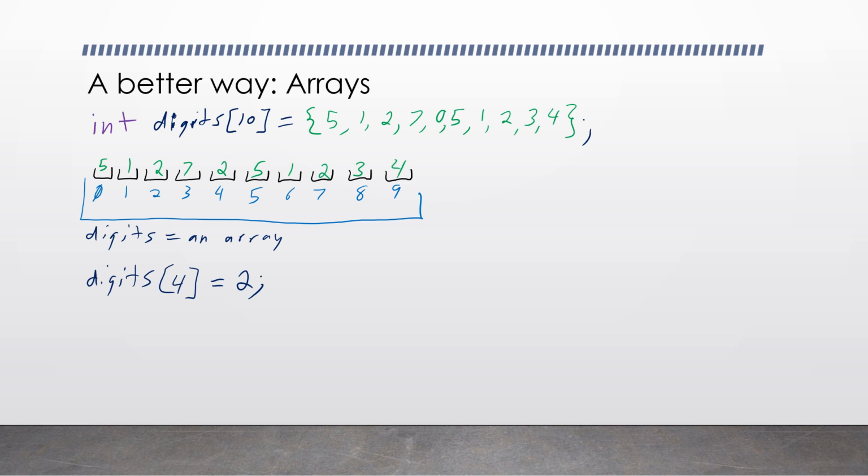We can now output, this time if we want to output the area code, we could do cout digits at 0, digits at 1, digits at 2.